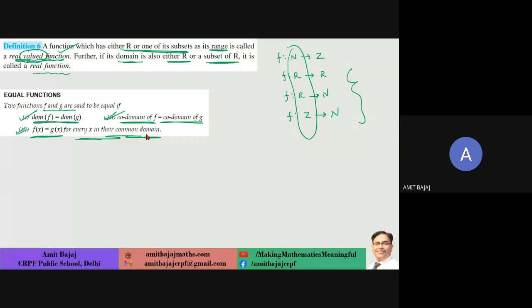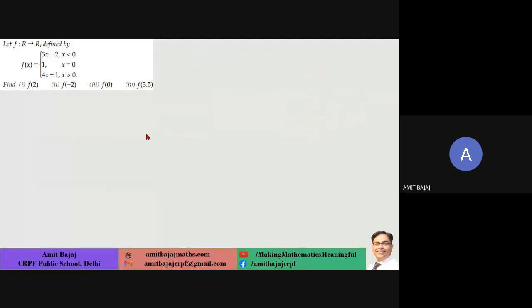So domain equal, codomain equal, and values are also equal for all given x. Check out this question.